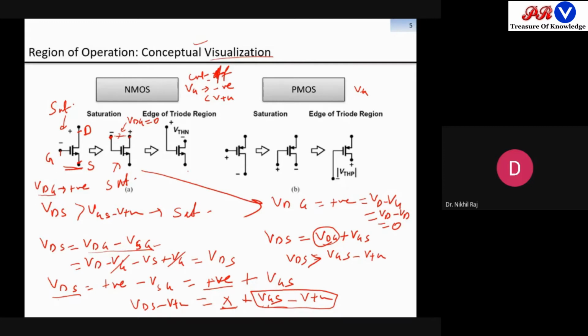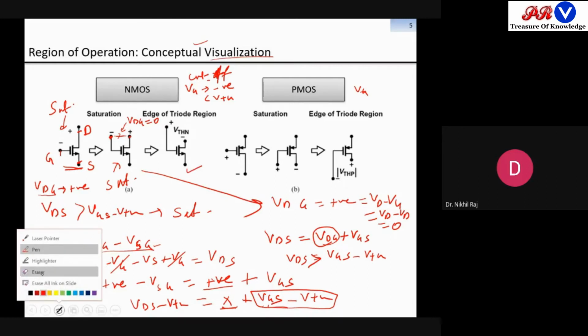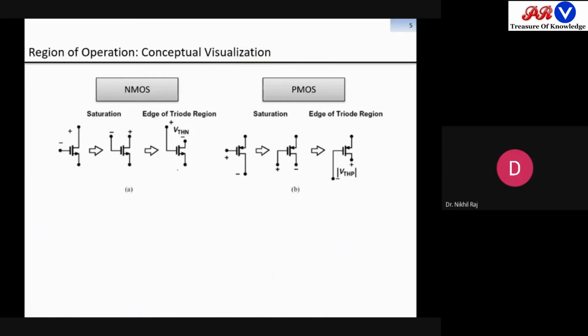Now if we go for the third symbol, the third one. So in the third one, now here VDG is becoming negative. Fine. So here VDG is negative because drain is at the lower potential and G is at the higher potential, and also the plus minus sign is showing that VDG will be like this one.